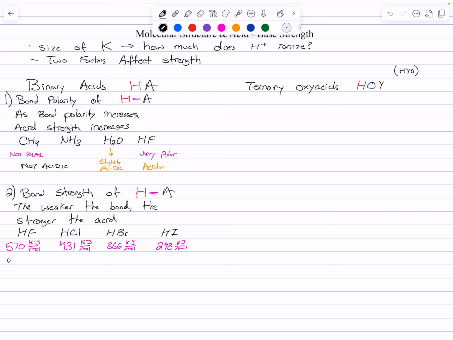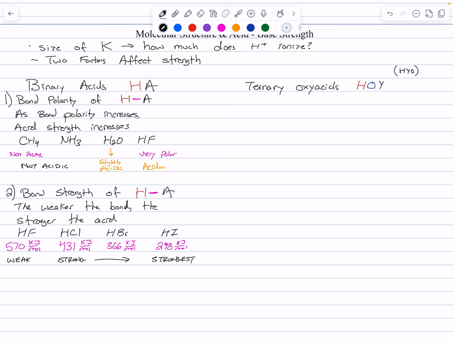So this is a weak acid, and these are strong to strongest. All right. So that's how, for binary acids, that's how we can predict how strong the acid is. The bond polarity and the bond strength.